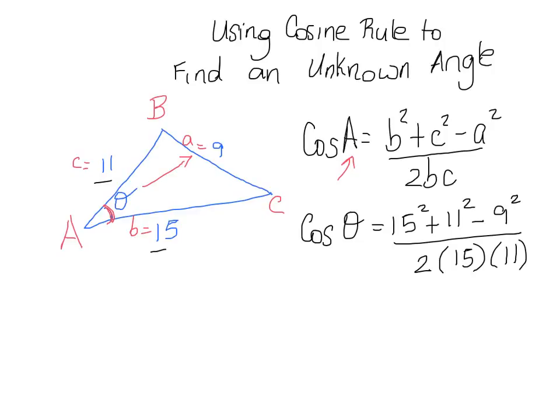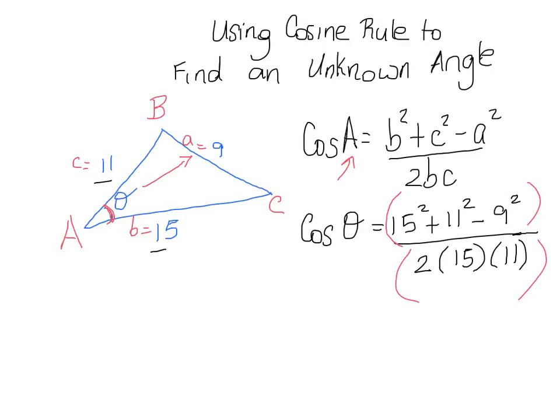Now here's what's super important if you're going to type everything into the calculator in one shot. Please make sure you program into your calculator that the entire top is one piece and the entire bottom is another piece. So you want your calculator to correctly follow the order of operations.